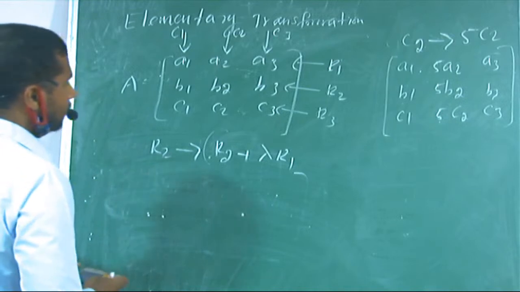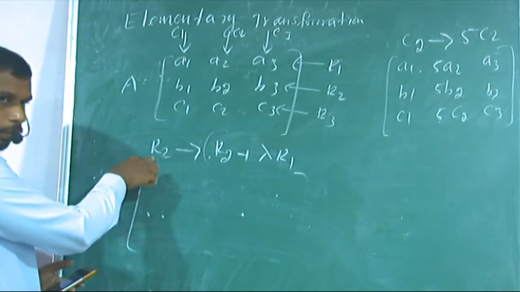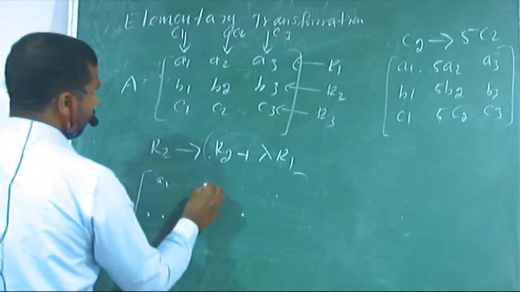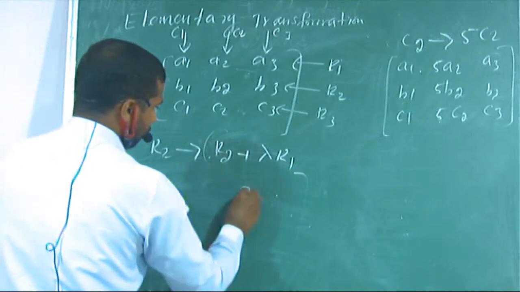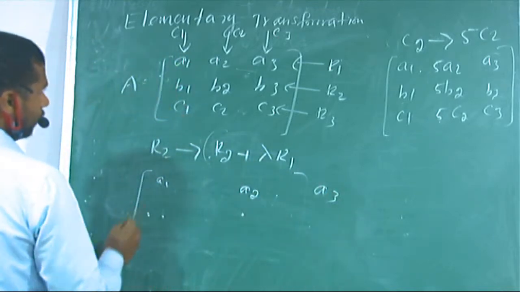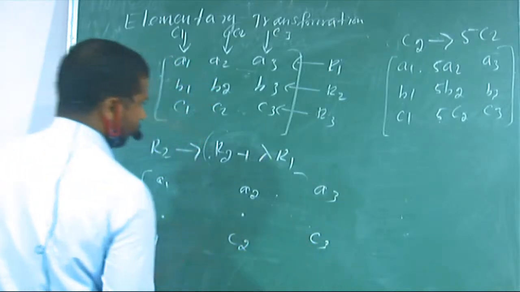Only row 2 changes; row 1 and row 3 stay as they are. Row 1 is A1, A2, A3, and row 3 is C1, C2, C3.